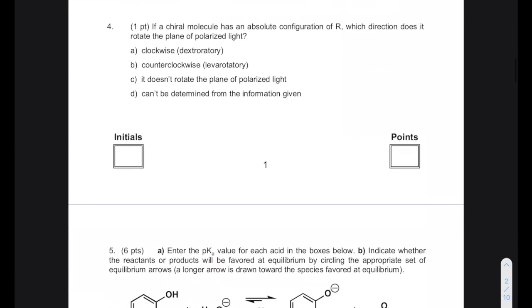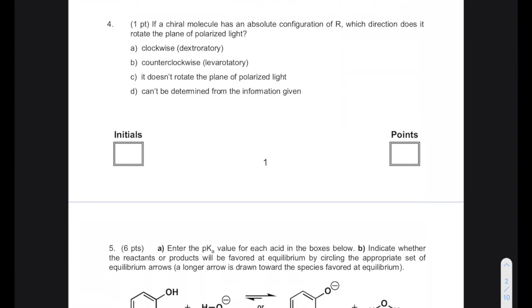Question 4 is a good problem that a lot of people get confused about, and it's asking, if you know that a molecule is an R or an S, does that tell you it rotates plane polarized light? The tricky thing is that R sounds like right, and maybe S is left, and there's clockwise, which is D, and counterclockwise, which is L. A lot of these letters and numbers are confusing.